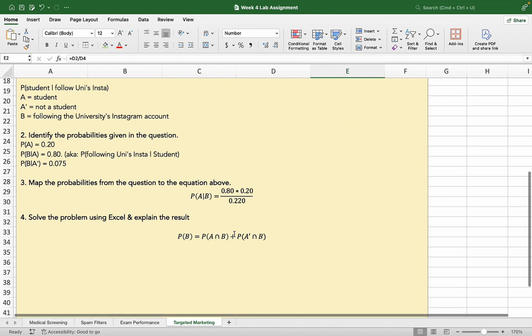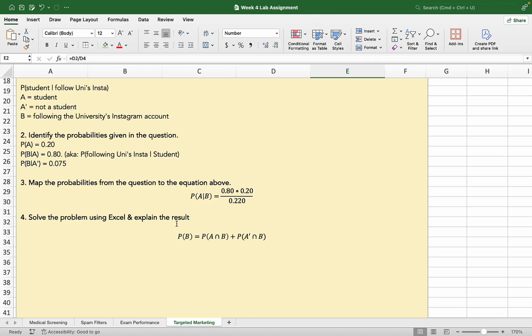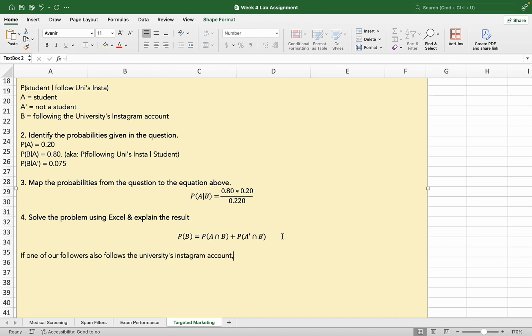And with that information, we can make a conclusion. If one of our followers also follows the university's Instagram account, there is a 72.7% chance that the individual is a student.